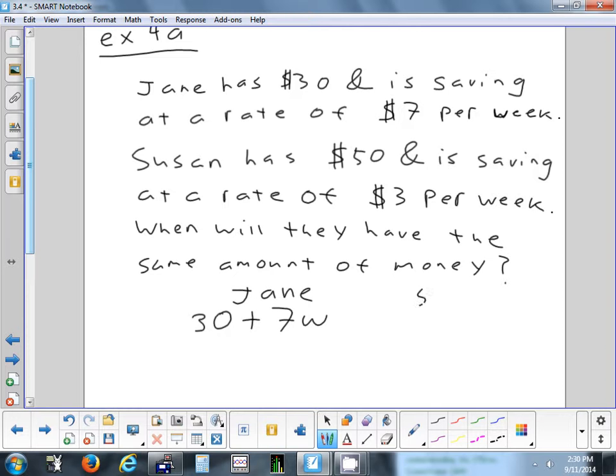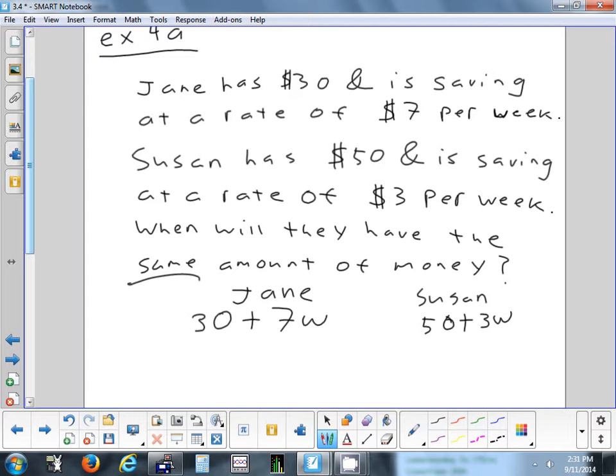Now let's do the same thing for Susan. How much money does Susan start with? 50. How much money is she saving each week? So how would we represent that? 3W. Now we want to know when they have the same amount of money. What does that mean?